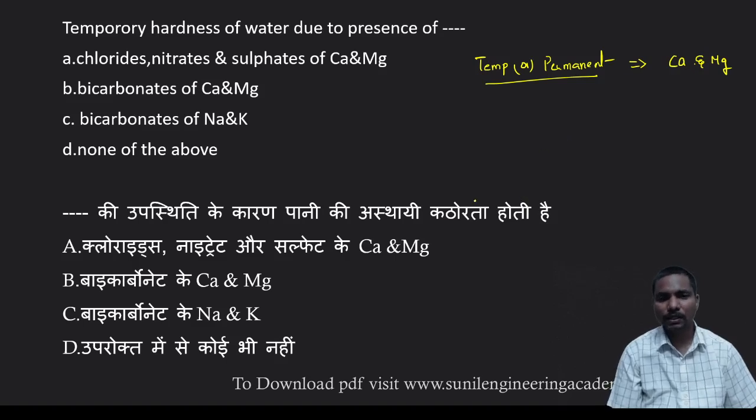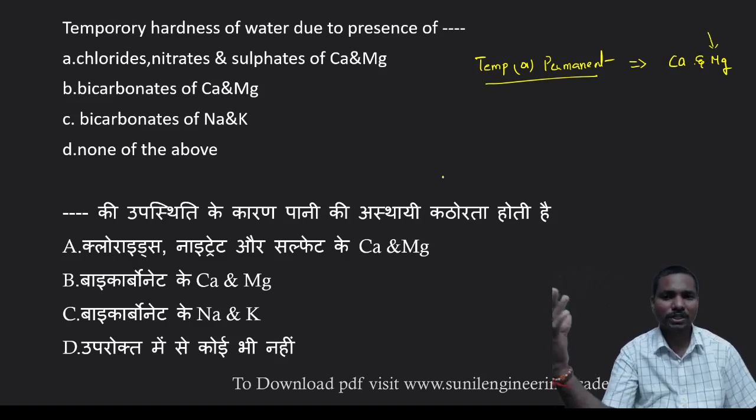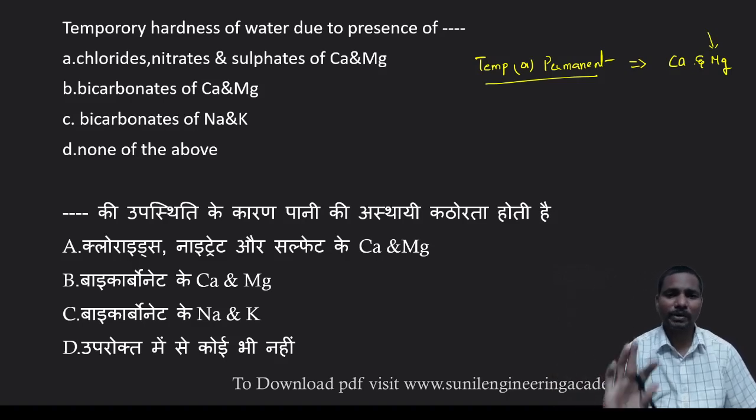We can simply say that sea water is hard water. Why? Because most of the magnesium is there. So magnesium is also extracted from sea water. That is also a very important question. So here hardness is due to calcium and magnesium.